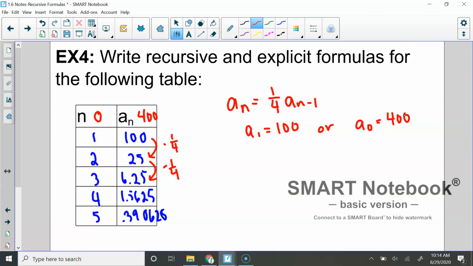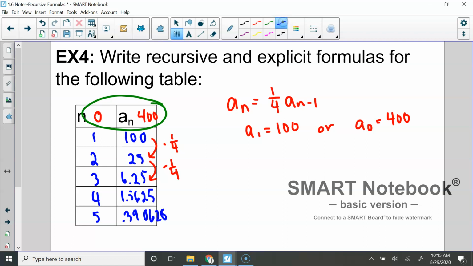Because when you're writing an explicit formula for this, this is an exponential. And for an exponential, to know that original amount that you're starting with, that a value for your exponential, you really want to know a sub 0 right here.